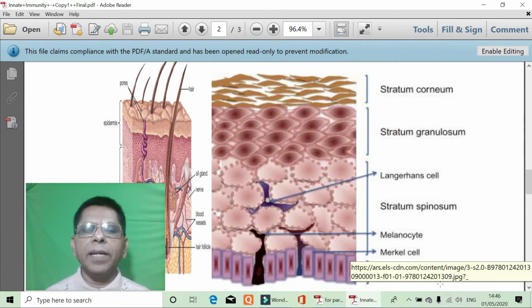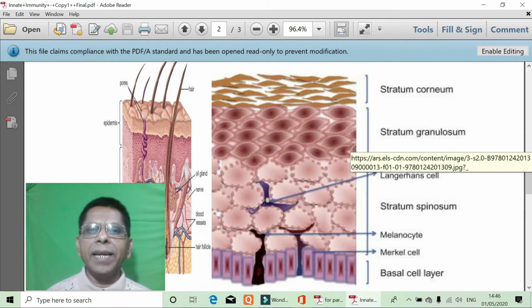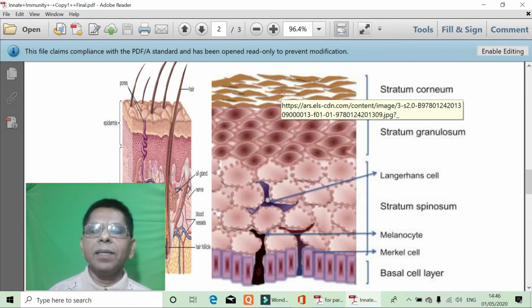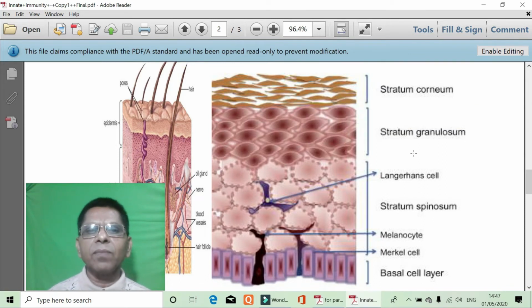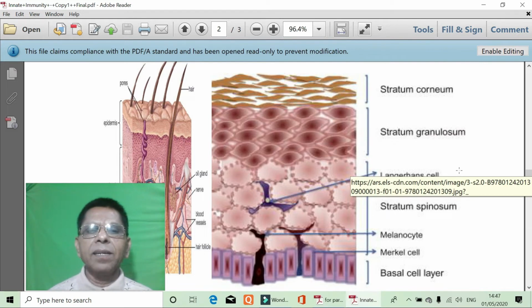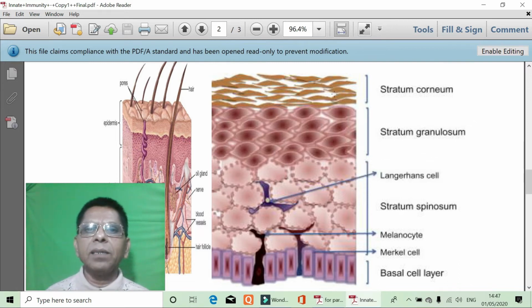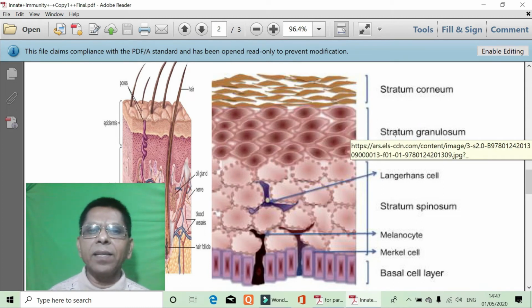So my dear students, as far as the skin of the animal or the human is concerned, the uppermost layer of the human skin is called the stratum corneum, and it contains keratinized cells. It means that they are filled with dead protein, called keratin, and because of that the uppermost layer of the skin becomes very hard, and the skin does not allow any microorganism to penetrate inside the body.